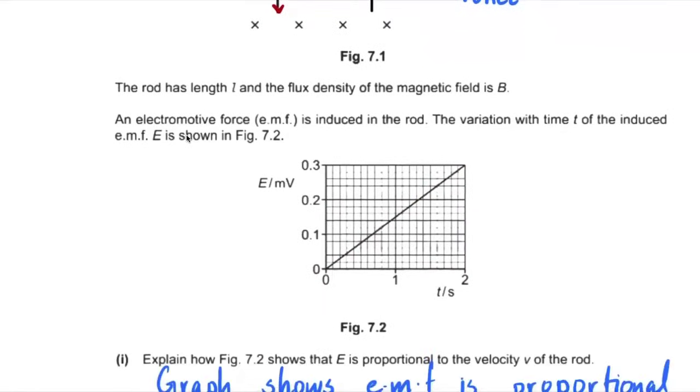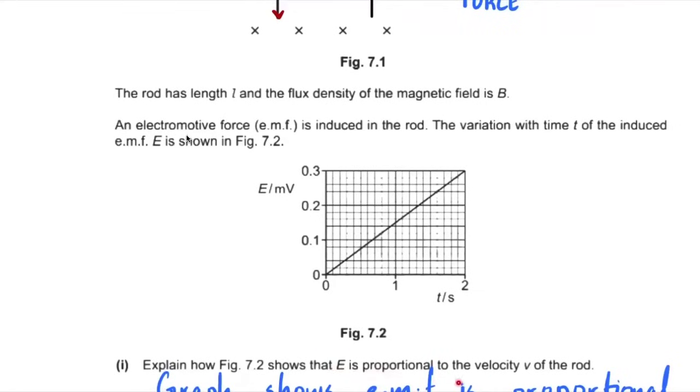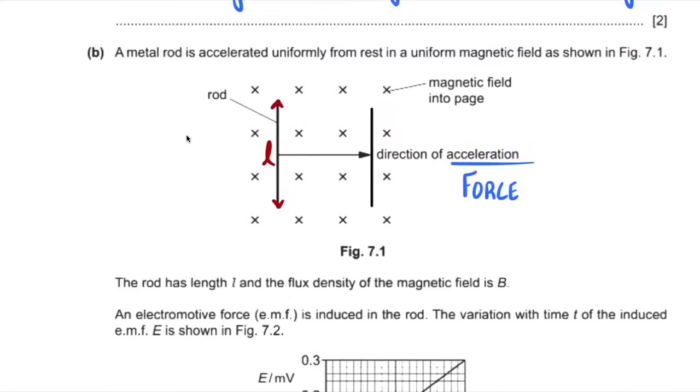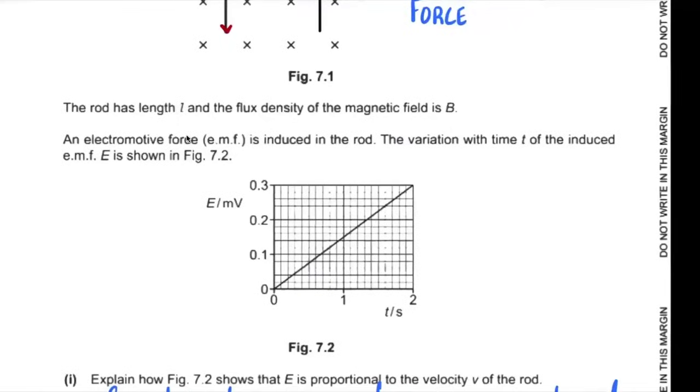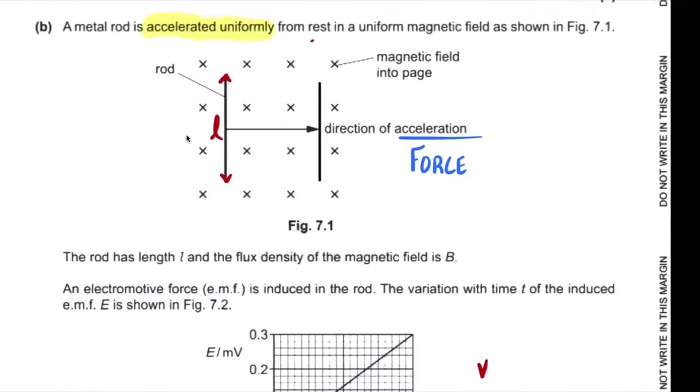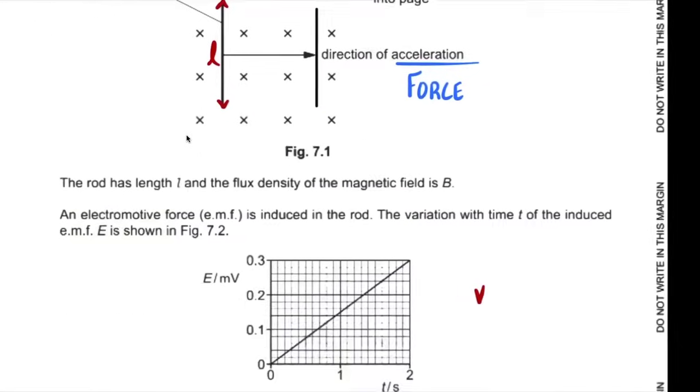It says, explain how 7.2 shows that E is proportional to v. How is E proportional to v? So I was told that it's uniformly accelerating, and this was from rest, right? Initial velocity is 0.